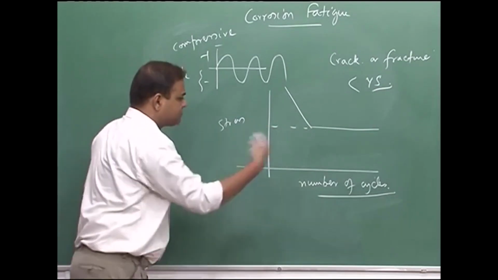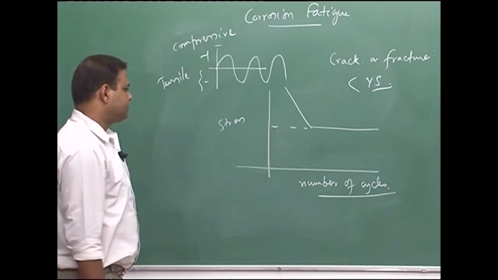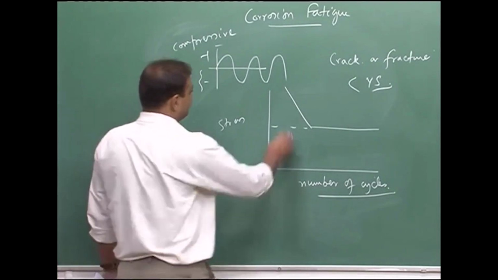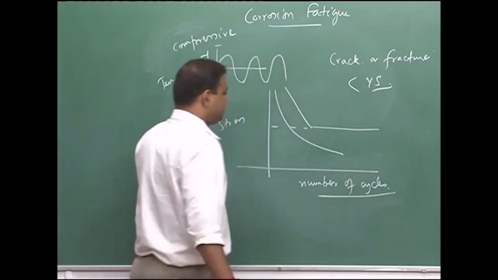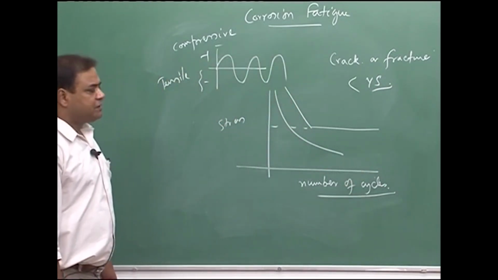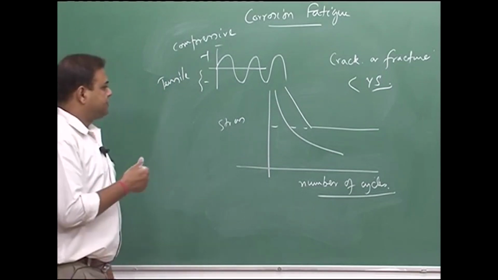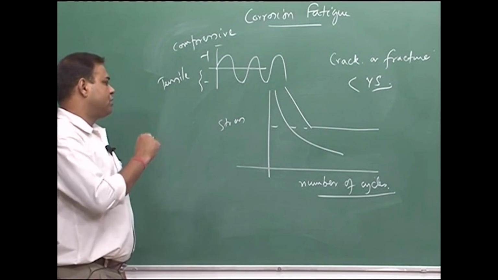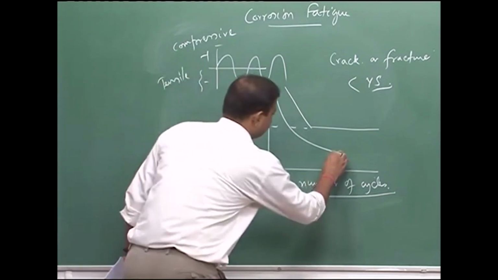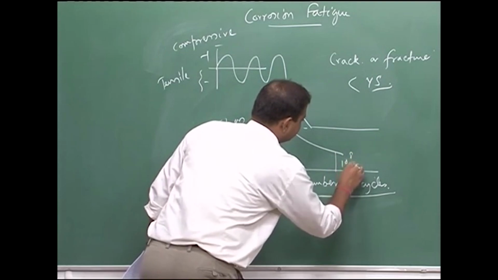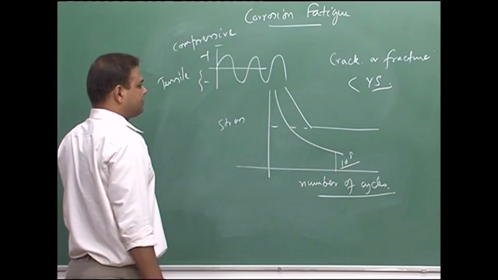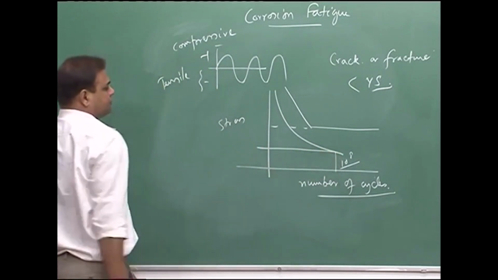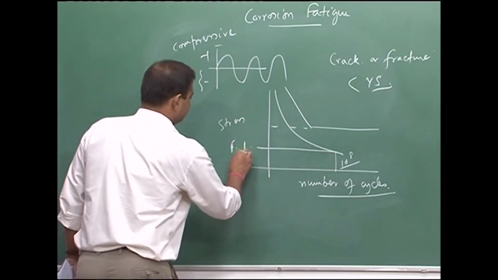Below this stress we can have n number of cycles without any fatigue failure. In the case of non-ferrous materials you do not have any definite fatigue limit, so we decide some particular number of cycles, for example 10 to the power 8 cycles. That would be the fatigue limit.